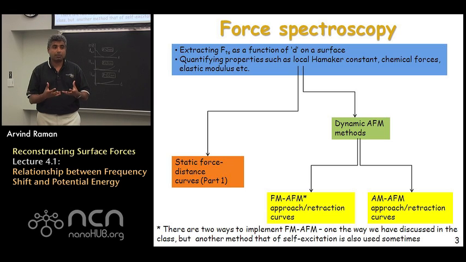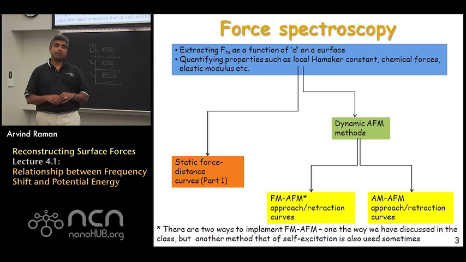And so the question would come up, how would you convert that information into F versus D? This whole field is sometimes called dynamic force spectroscopy, which is the use of dynamic AFM for force spectroscopy.